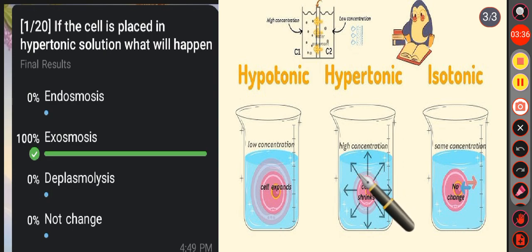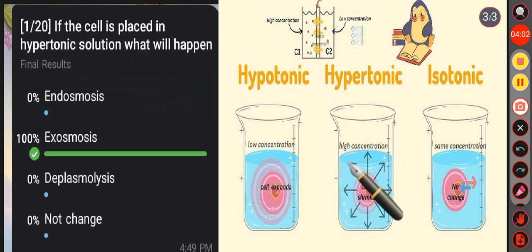Because high solute concentration is present outside the cell, right? This is called exoosmosis. So due to hypertonic solution, the cell becomes flaccid, due to which the water comes out from the cell, right? So here the question is, if the cell is placed in hypertonic solution, what will happen?